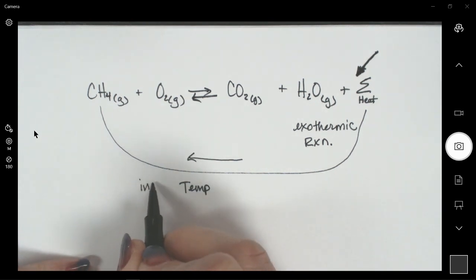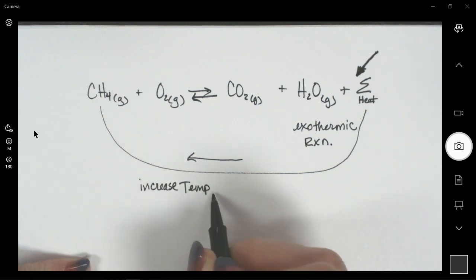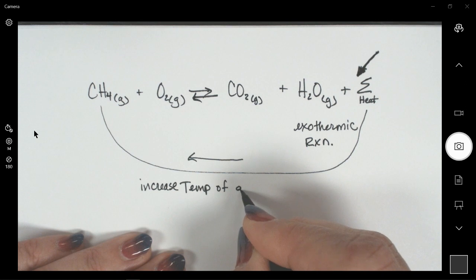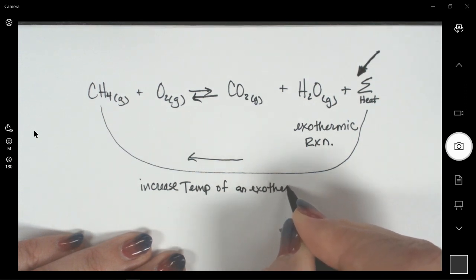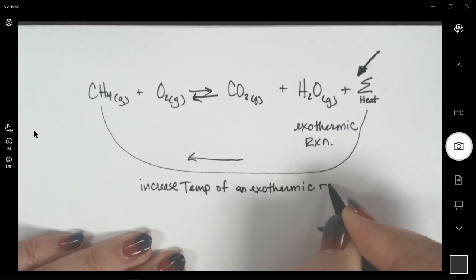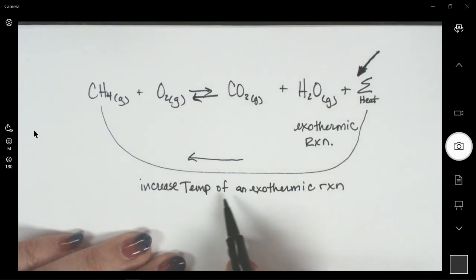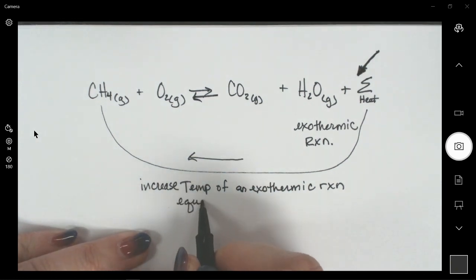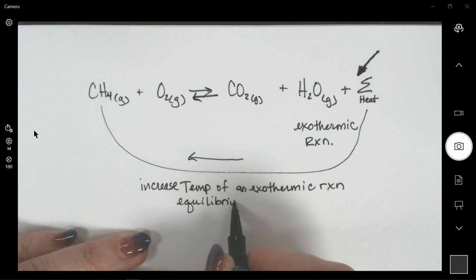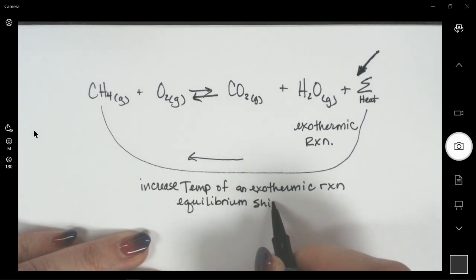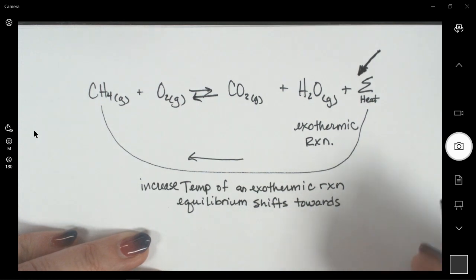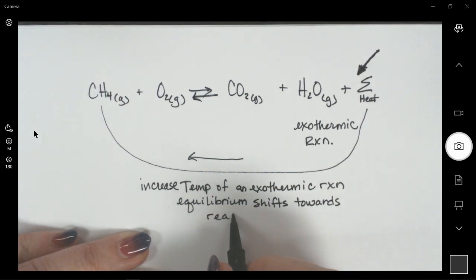So if you increase the temperature of an exothermic reaction, the equilibrium shifts towards reactants.